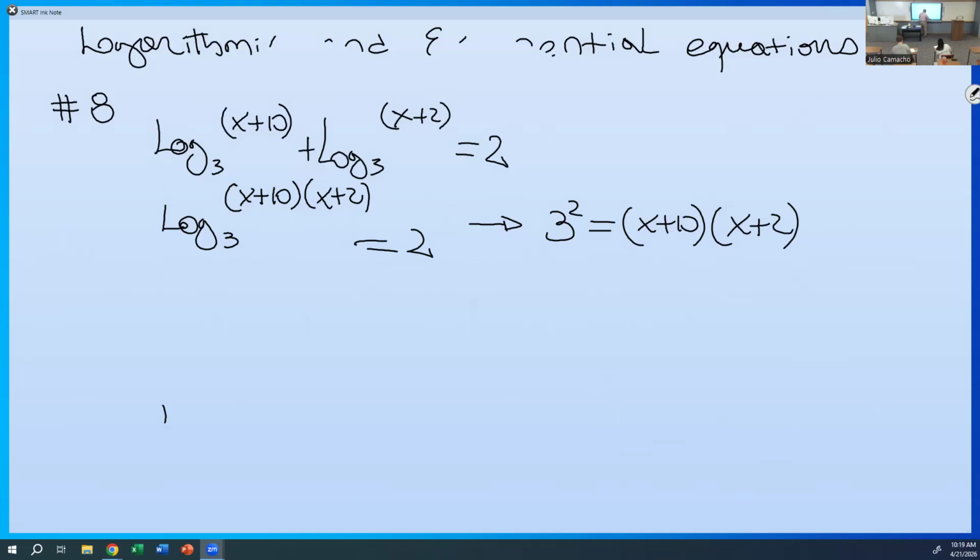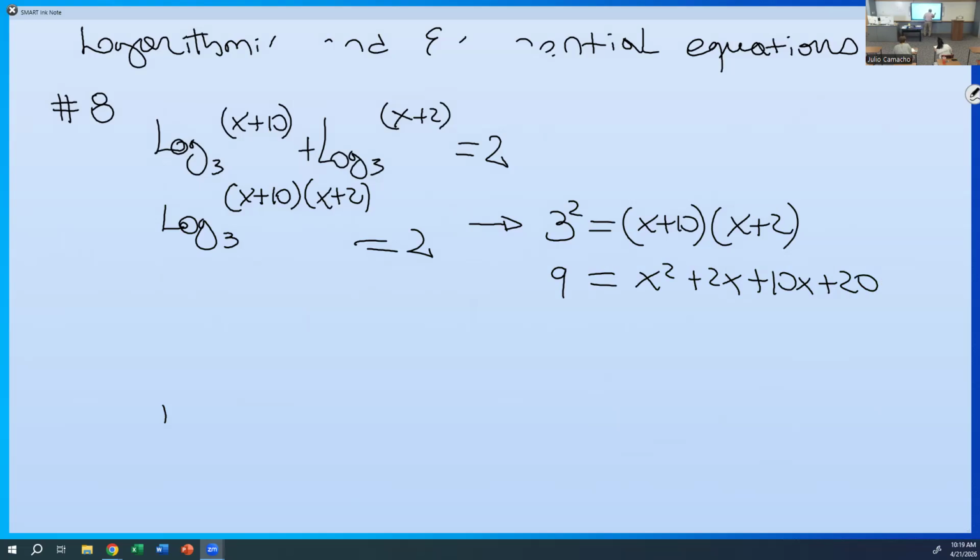And then I have to open it. 3 to the second power is 9, and it's equal. You need to FOIL this: x times x is x squared, x times 2 is plus 2x, 10 times x is plus 10x, and 10 times 2 is plus 20.